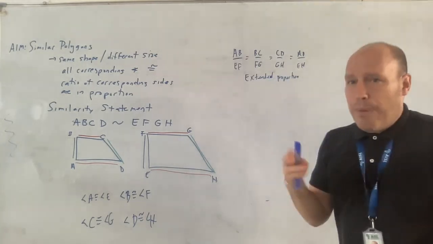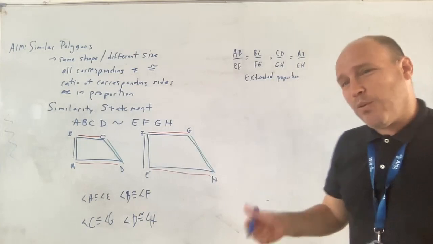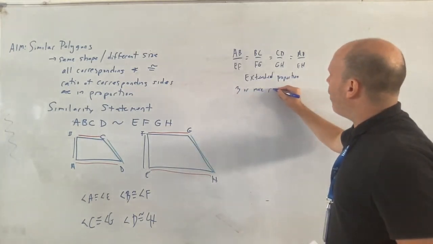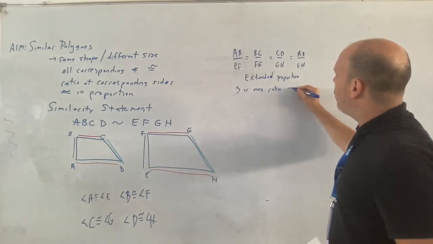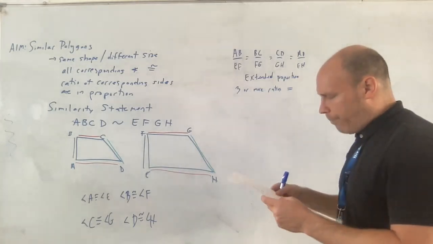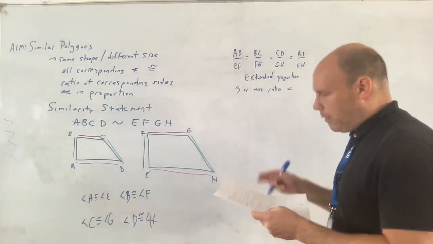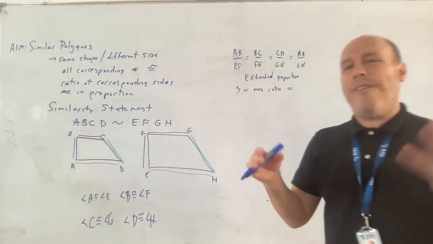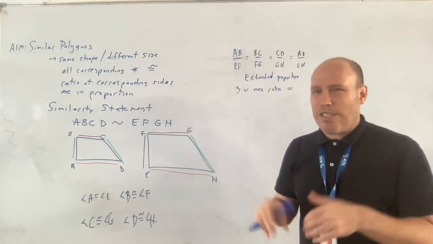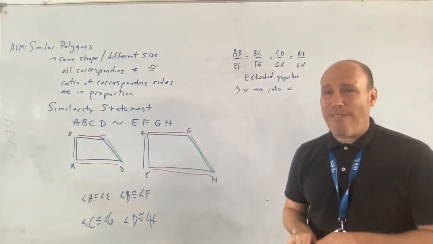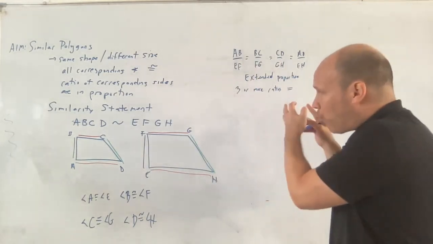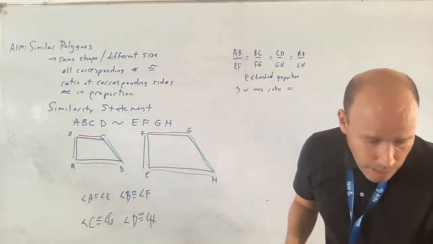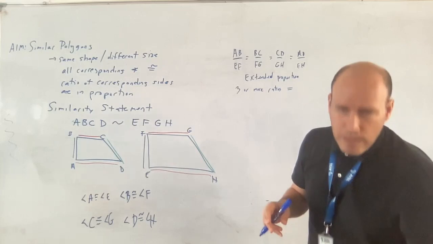The idea is that we have three or more ratios that are equal to each other. If all of these fractions reduce to simplest form, then they're in proportion, and therefore that's the idea of similar polygons.